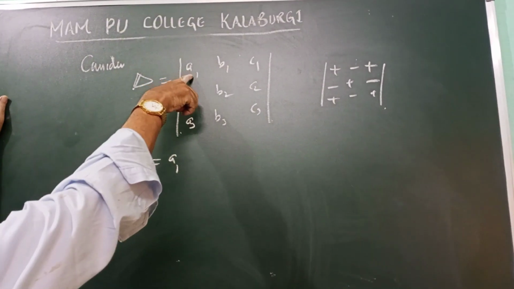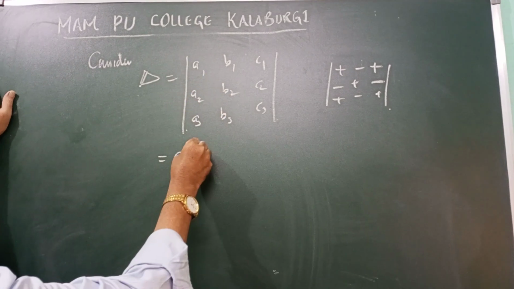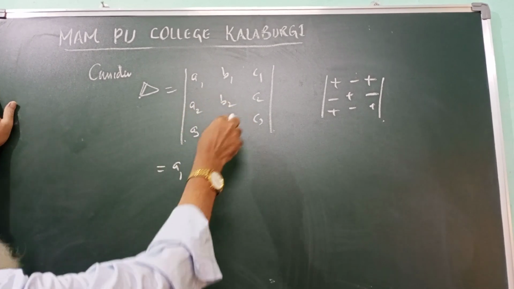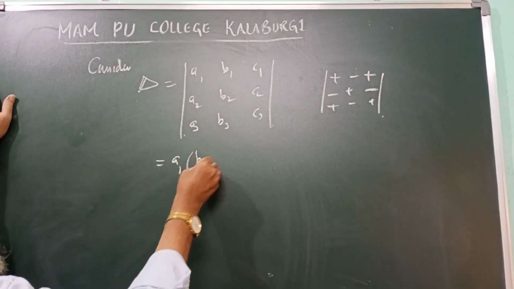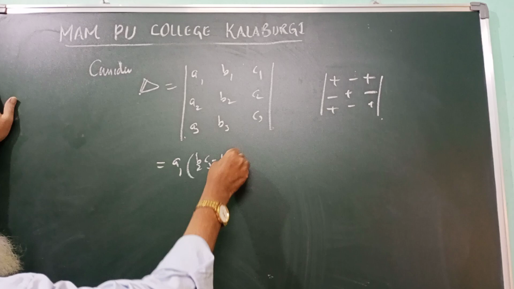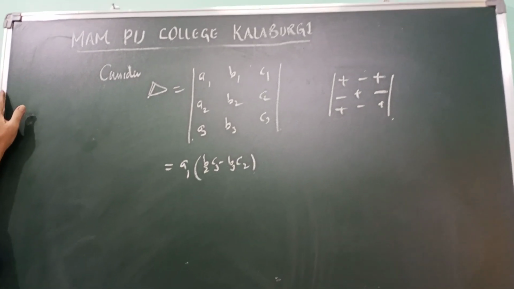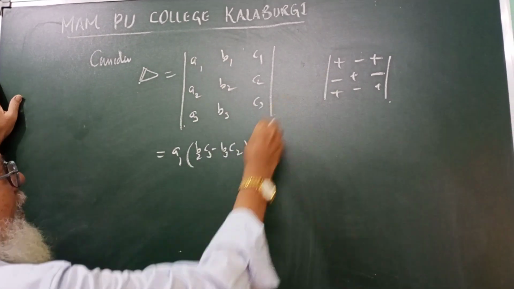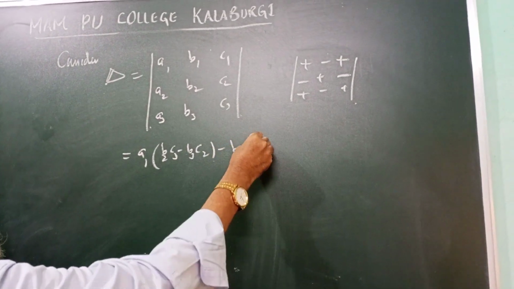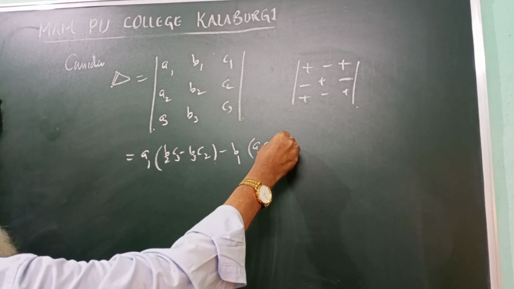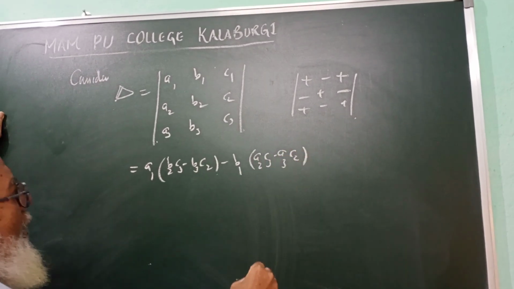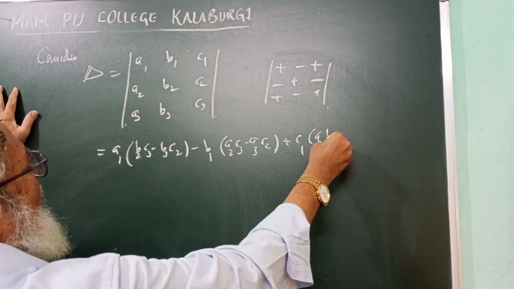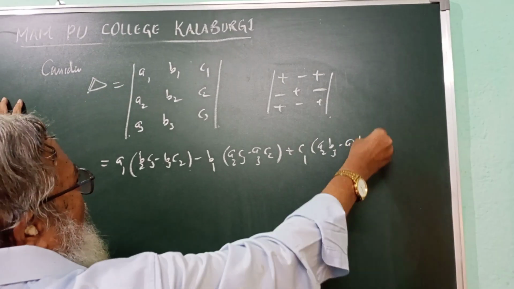Look here, A1, we delete the column, delete the row, and these four elements have to be written down here in the determinant. Directly we multiply and write down here only. B2 C3 minus B3 C2, A1 into this. Then we have to take the negative sign for that. Minus B1 into A2 C3 minus A3 C2, plus C1 into A2 B3 minus A3 B2.